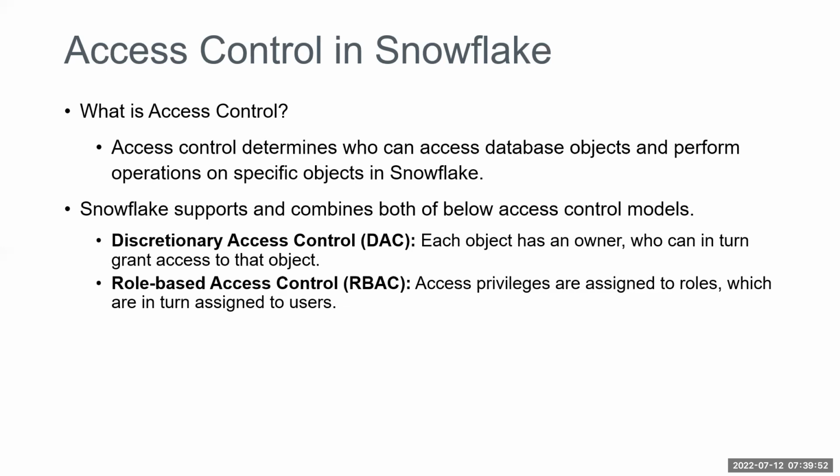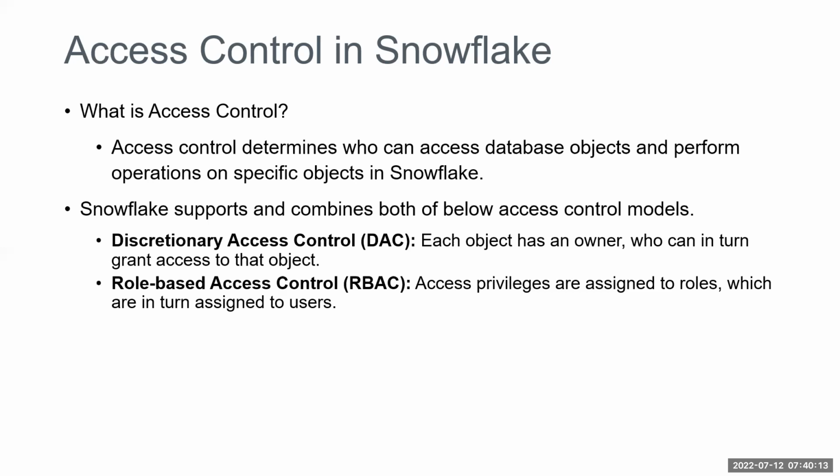And Snowflake supports two types of access control models. There are actually two types of access control models in any database, and Snowflake supports both of them. The first one is discretionary access control. That means every object in the database will have an owner.